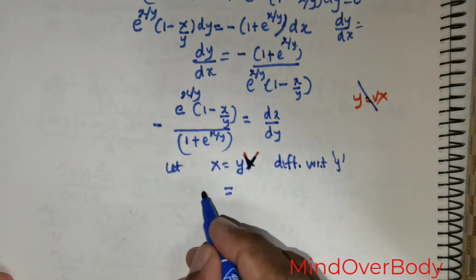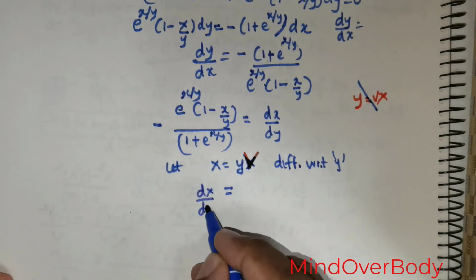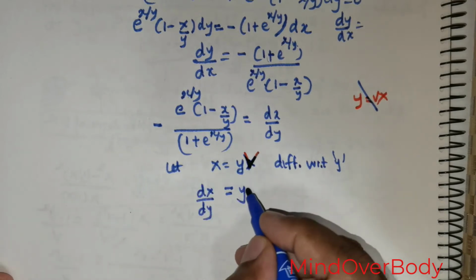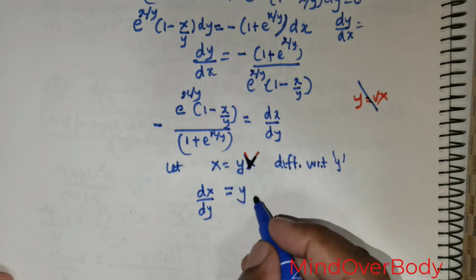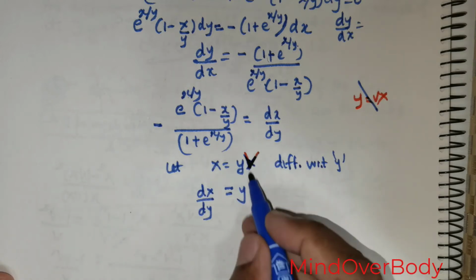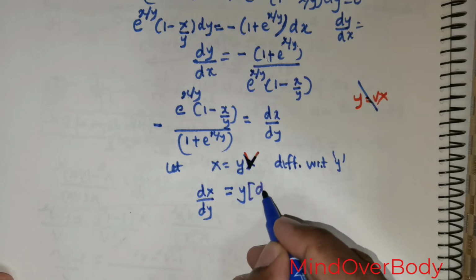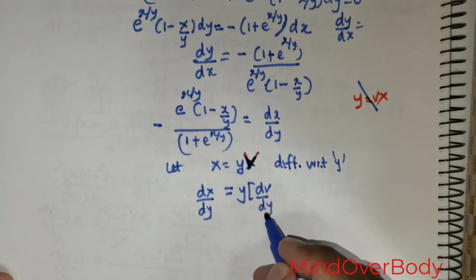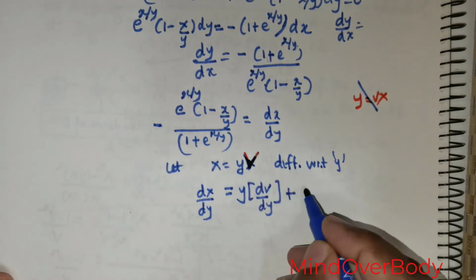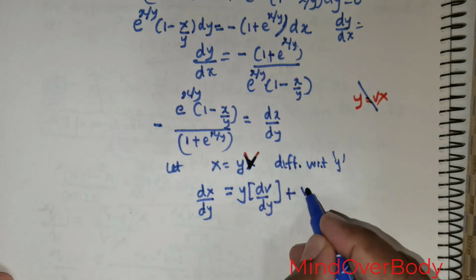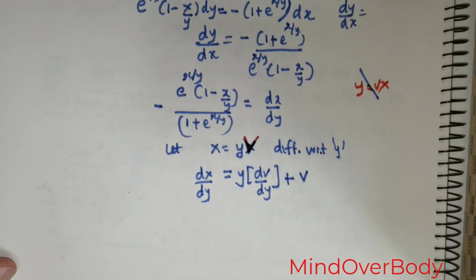On the left hand side this is going to be dx over dy, and on the right hand side, in u into v form, it's going to be y times dv over dy positive v, since the differentiation is with reference to y.